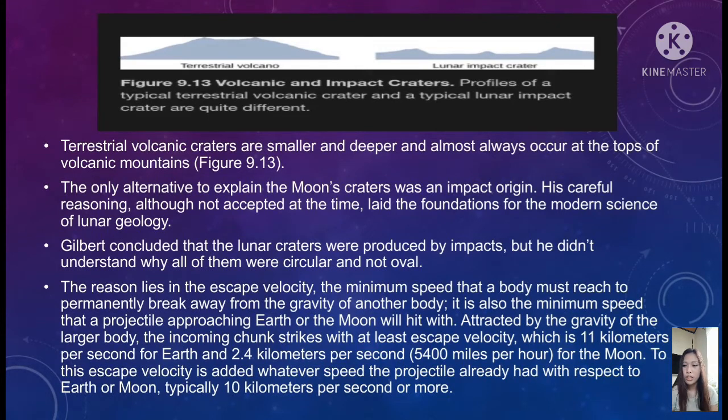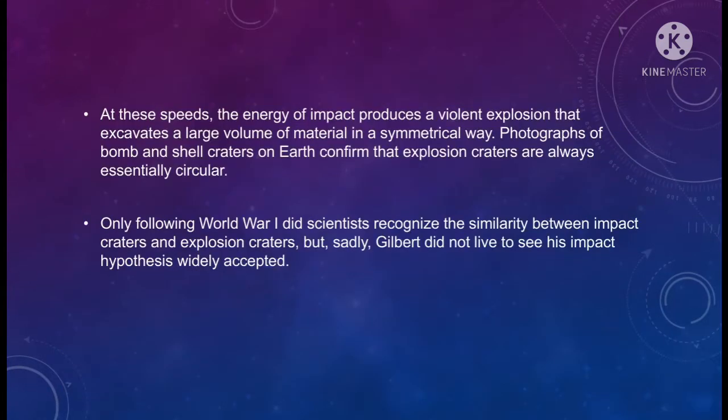To the escape velocity is added whatever speed the projectile already had with respect to Earth or Moon, typically 10 kilometers per second or more. At these speeds, the energy of impact produces a violent explosion that excavates a large volume of material in a symmetrical way.